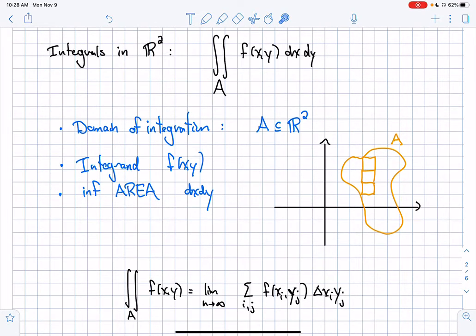The double integral of f over the region A is, again like in 1D, a limit of sums.